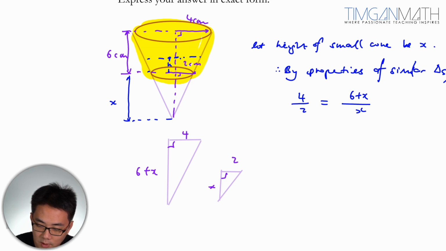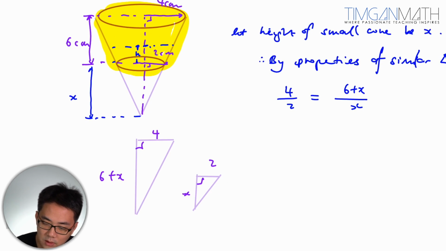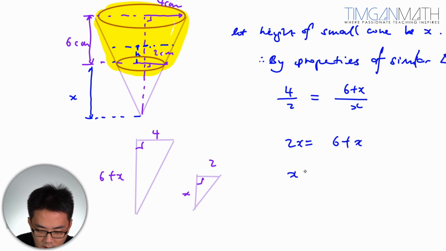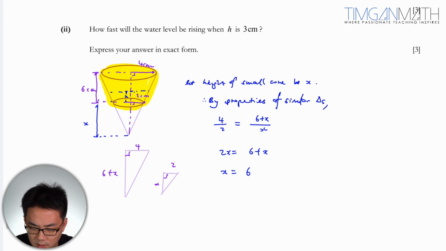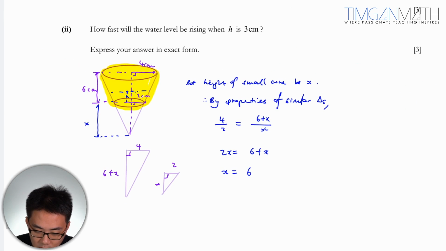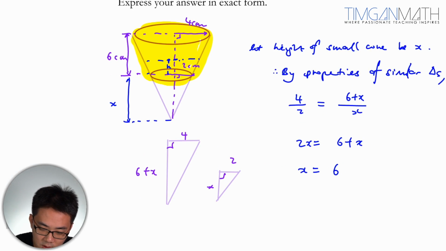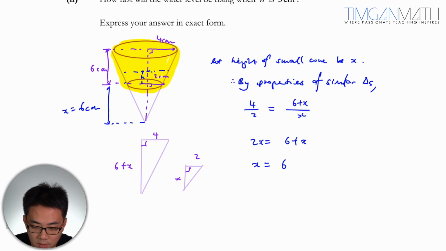Okay, so once this is done, we could actually solve for the x quite nicely, which is actually just 6. Hey, 6, interesting. Oh yeah, it makes sense because this is 4 and 2. Okay, so this is 6 cm.